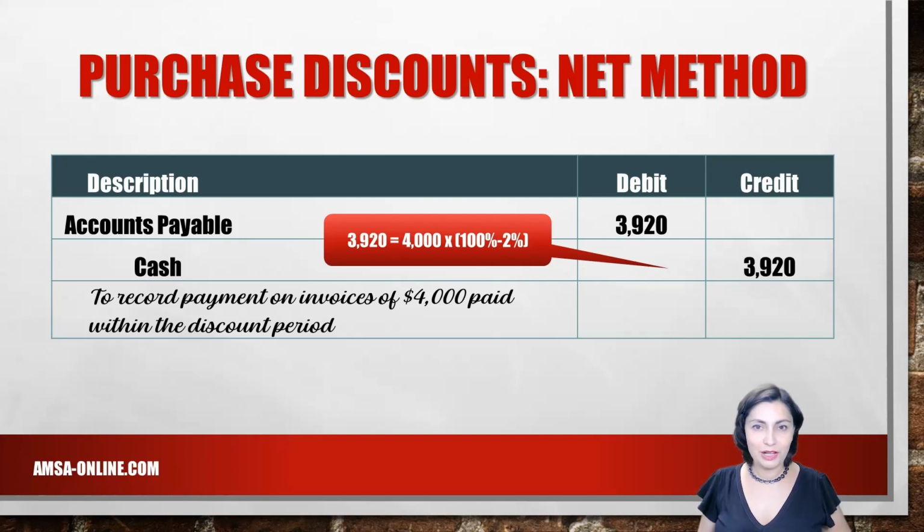It can also be calculated as $4,000 multiplied by 98%, where 98% is the net amount of the invoice, or 100% less the discount of 2%. Note that accounts payable needs to be debited for the net amount of the invoices, as the discounts were taken up front and the invoices were originally recorded at the net amount.